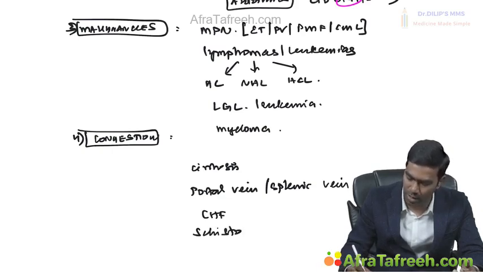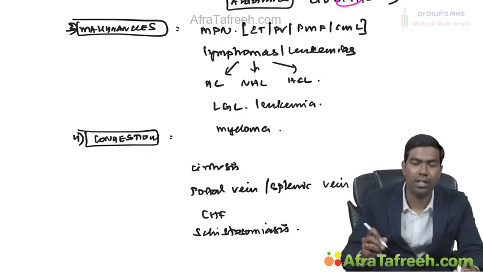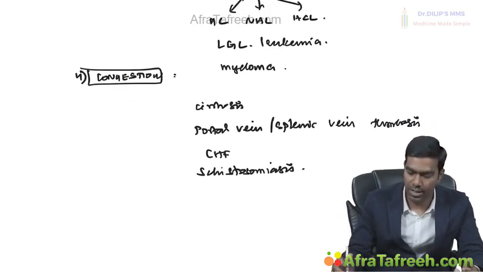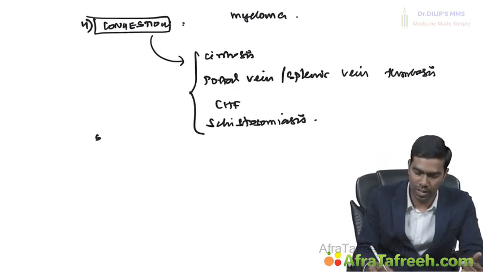Remember, schistosomiasis is a very important cause of portal hypertension, which we'll discuss in detail in the hepatology section. This is because the movement of blood is poor; the forward movement through the splenic vein is not there. Because of that you get congestion and the spleen gets enlarged. This is what we call congestive causes.